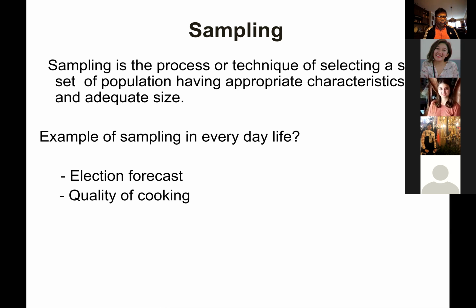For example, when people forecast election outcomes, you see that before the election day, some media say that they did forecast that this party will win by this many constituencies or this many percentage points. So they do the forecast, and they do it based on a sampling.